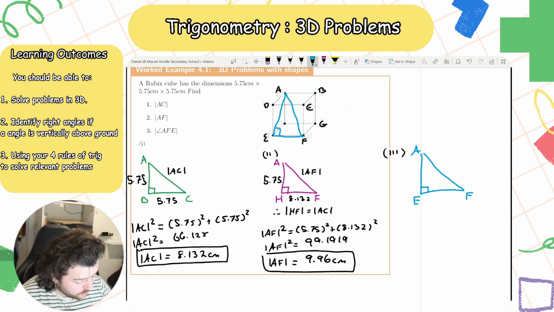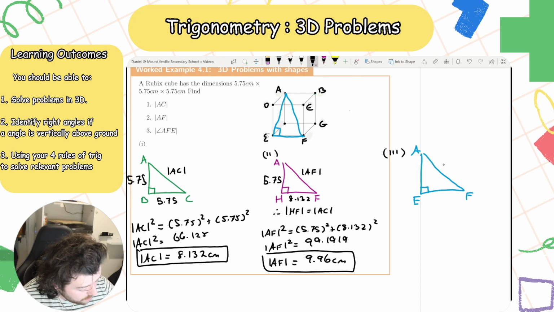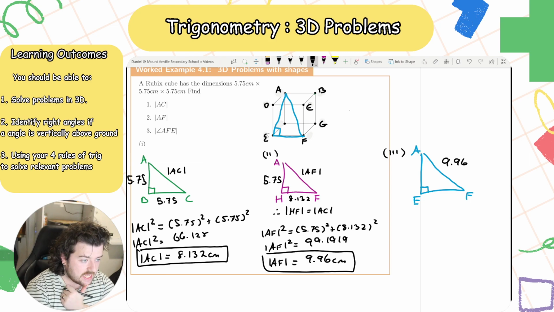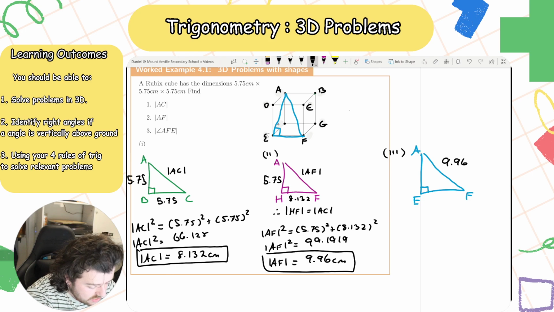Let's fill in the information we have. I know what AF is because I calculated it in part 2. A to E is the diagonal of one of the faces, the same as AC, so this is equal to 8.132.